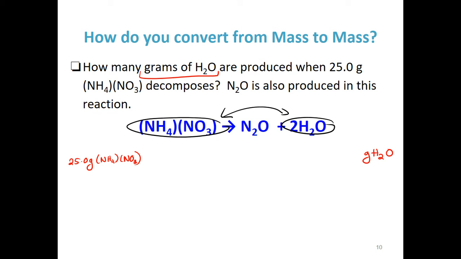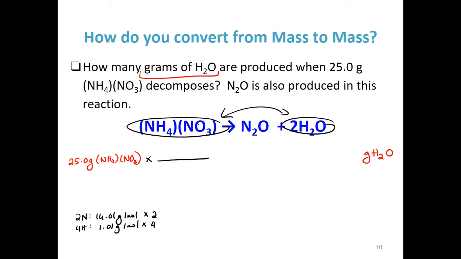Okay, so let's first calculate the molar mass of ammonium nitrate. If you add up all the masses, let's say we have one nitrogen, two nitrogens. So two nitrogens, that's going to be 14.01 grams per mole times 2. I have four hydrogens, 1.01 grams per mole times 4.